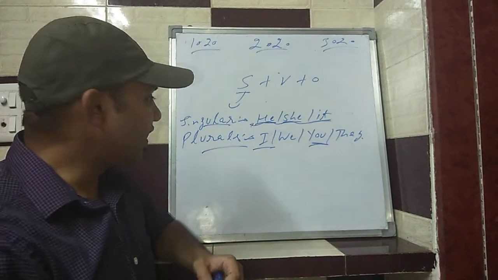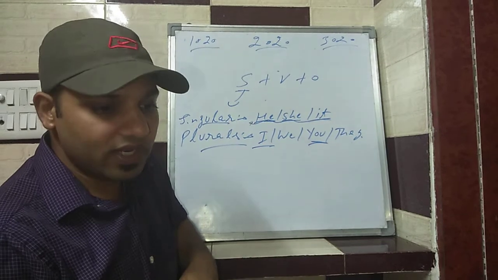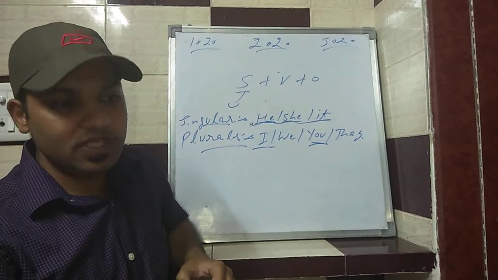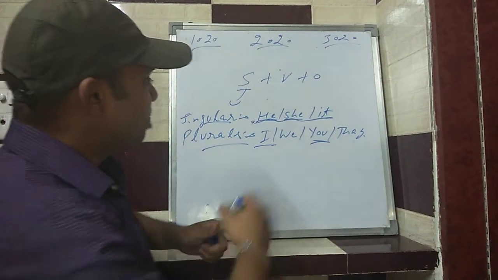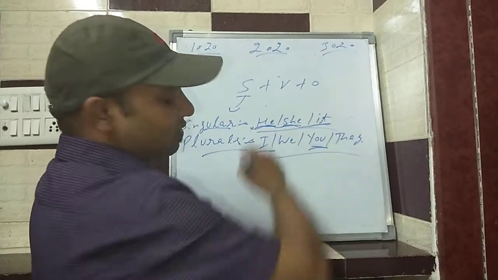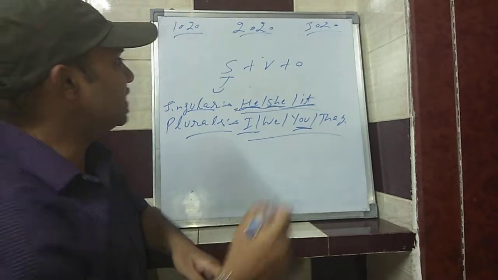I hope you got the point. These 7 words are written over here. In English, if we are going to talk about anything, from a needle to a mountain, we can make sentences by starting with these 7 words as the subject.